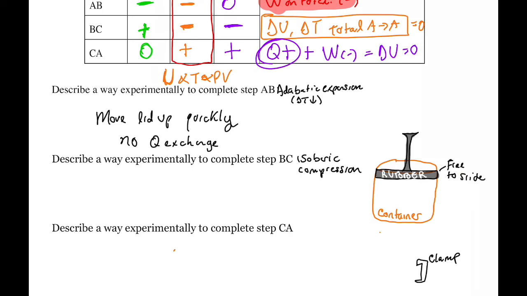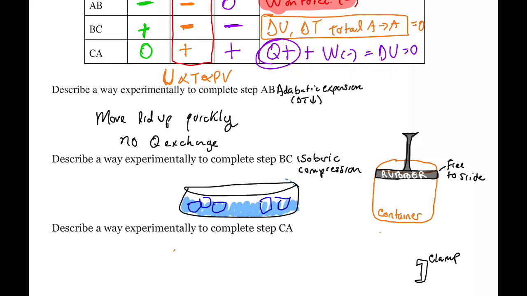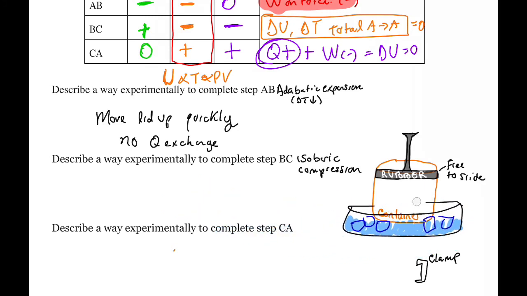Notice the number of molecules will remain fixed because the container doesn't have any openings for them to escape. Now, how are we going to get it to compress down? Well, let's take a tub of ice water, and we'll put our container in that tub. Bam.